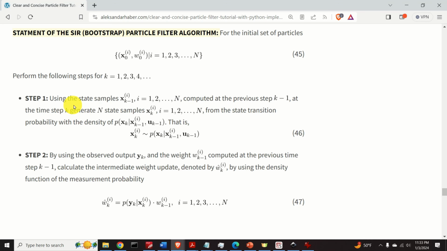Step 1. Using the state samples xk minus 1 with the index i computed at the previous step k minus 1, at the time step k, generate n state samples xk with the index i from the state transition probability. Step 2.